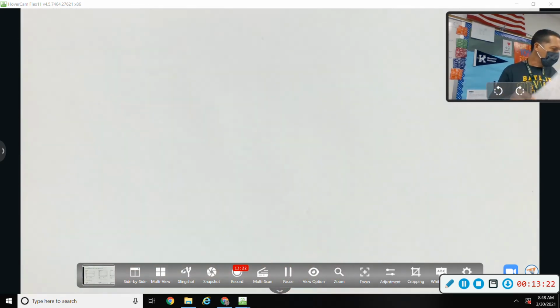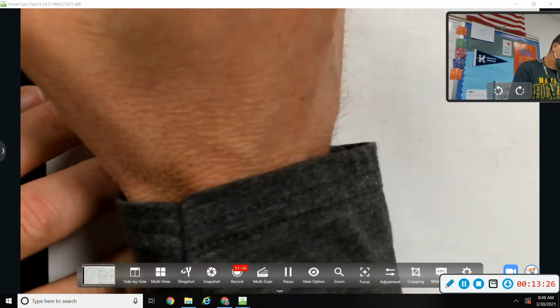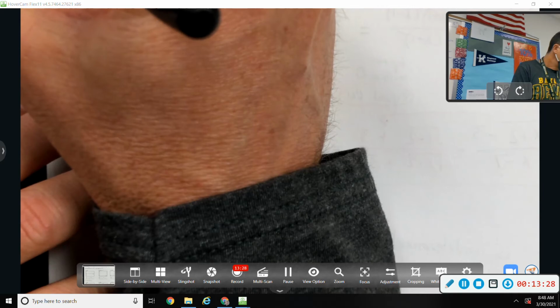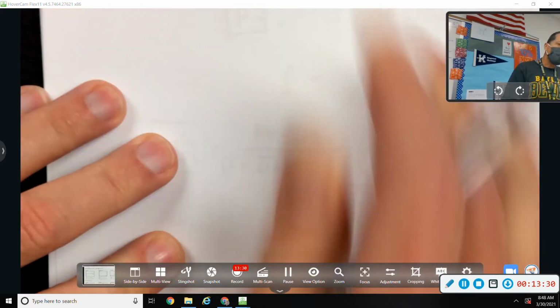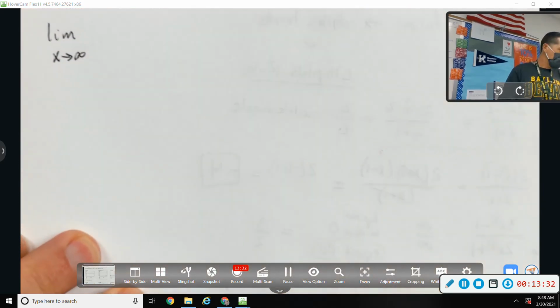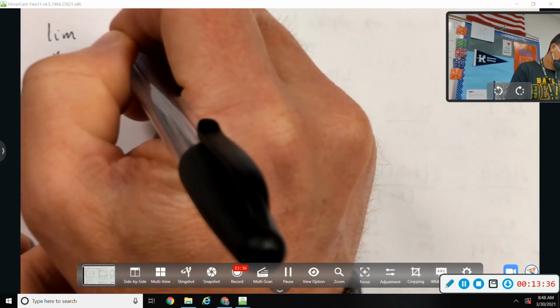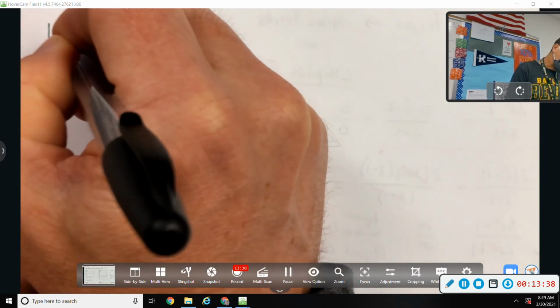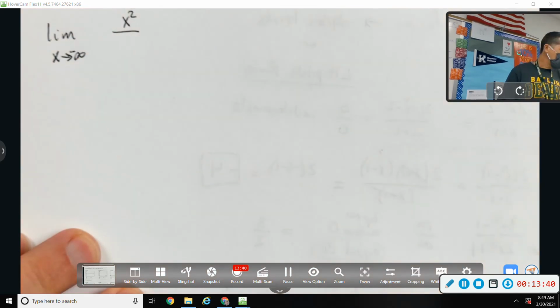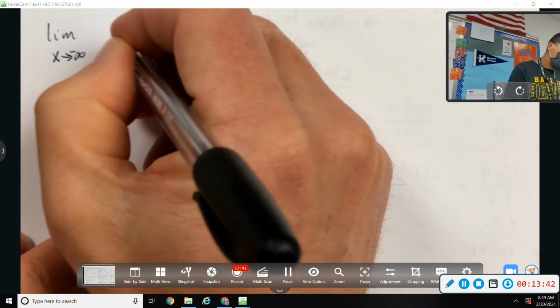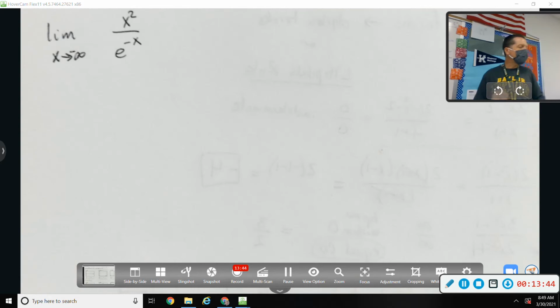Let's do another example. Limit as x approaches infinity of x squared. You know what? Let's make it x approaches negative infinity of x squared over e to the negative x.